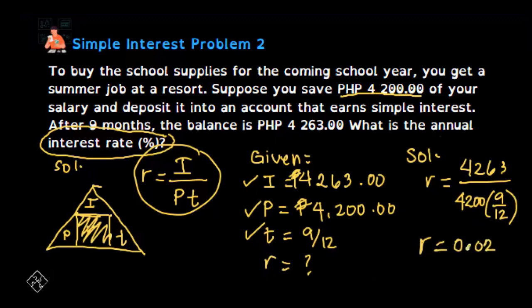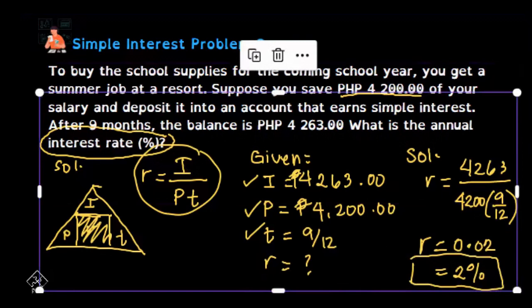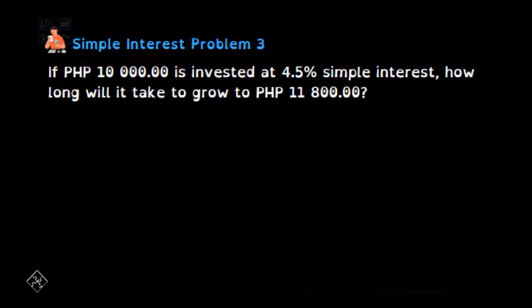So, itong 0.02, kapag kinonvert natin into percent form, that would be 2%. Okay, so therefore, the answer is 2%. So, that is the interest rate na nawawala dito sa problem number 2. Okay, so let's proceed to the next problem.